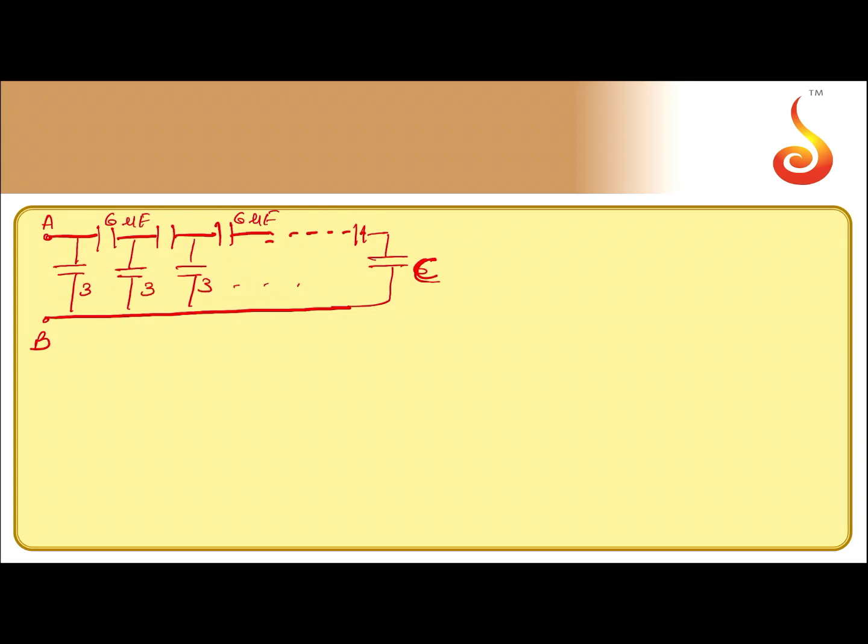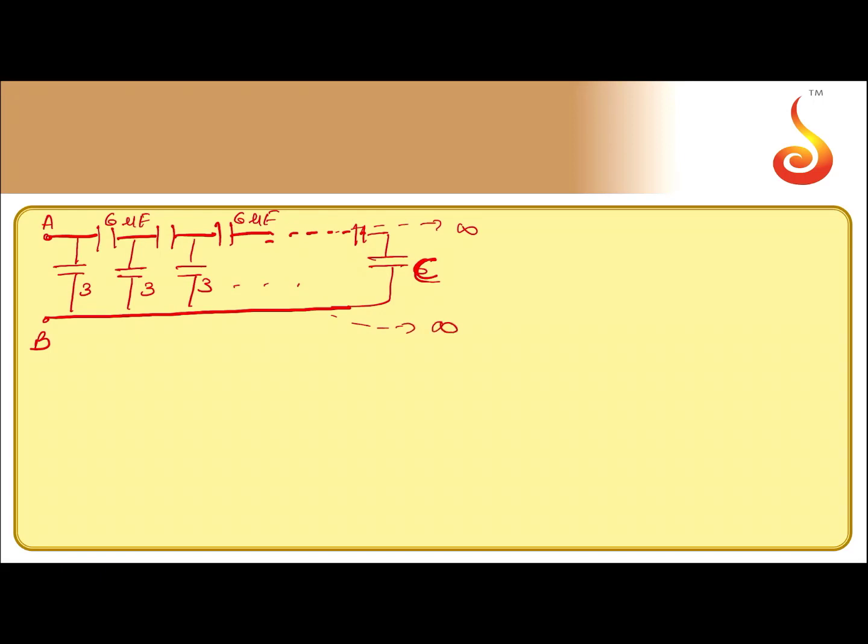The question is, what is the value of C such that it becomes independent of the number of sections? Now let us assume that it goes up to infinity. As you can notice, it goes up to infinity.